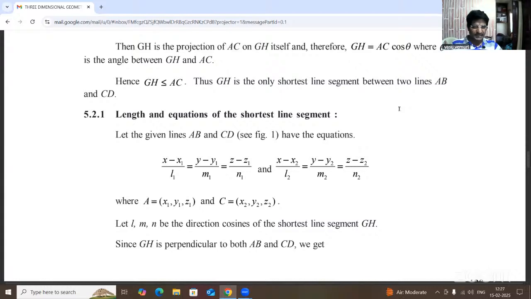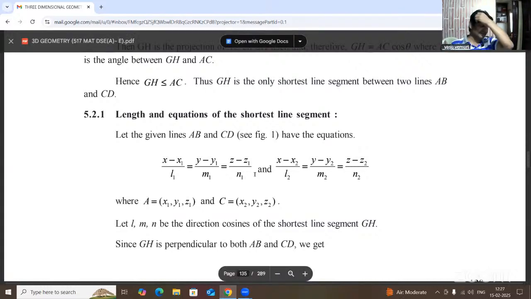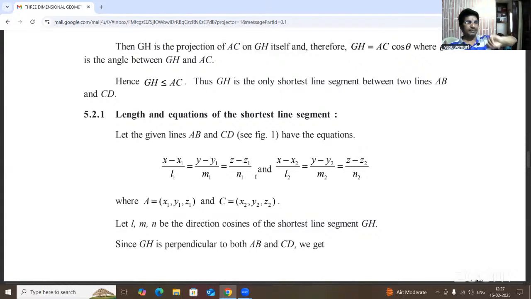Two lines are given: x minus x1 by L1 equal to y minus y1 by M1 equal to z minus z1 by N1, that is the first symmetric line.